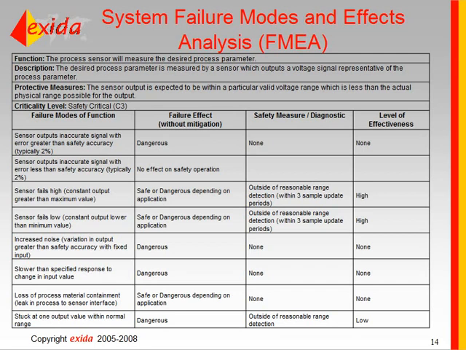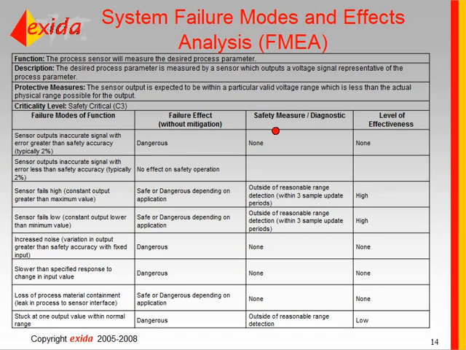And so that analysis has to go through. For the sensor, a list of failures were identified. One protective measure was identified: that the sensor output is expected to be within a particular valid voltage range, which is less than the actual range. So essentially you can have a check of that range, and if it's outside that range, you can flag that as an error and take appropriate action.